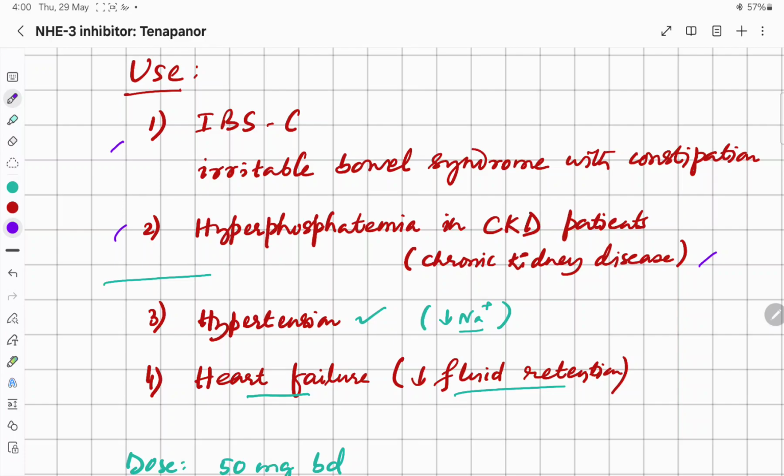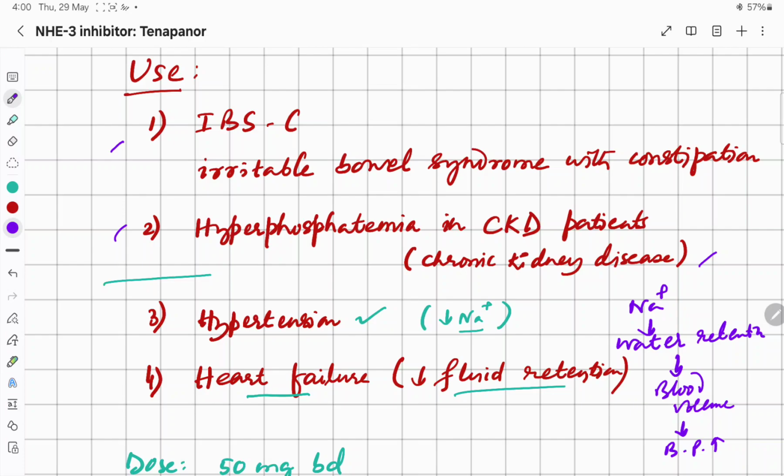Because we know that sodium actually causes water retention, and when water retention occurs, that increases the blood volume, and that blood volume increases the blood pressure.